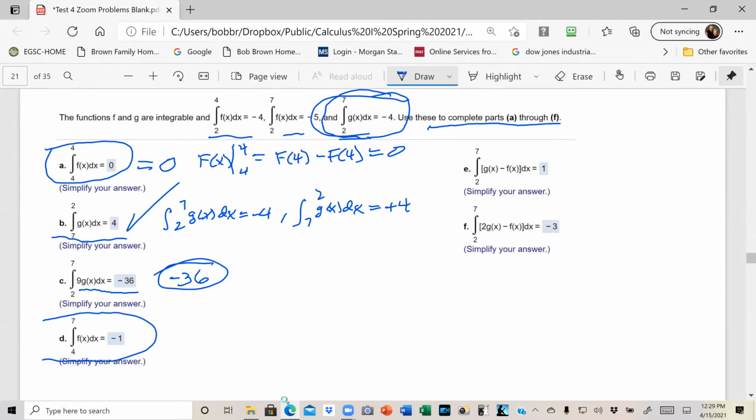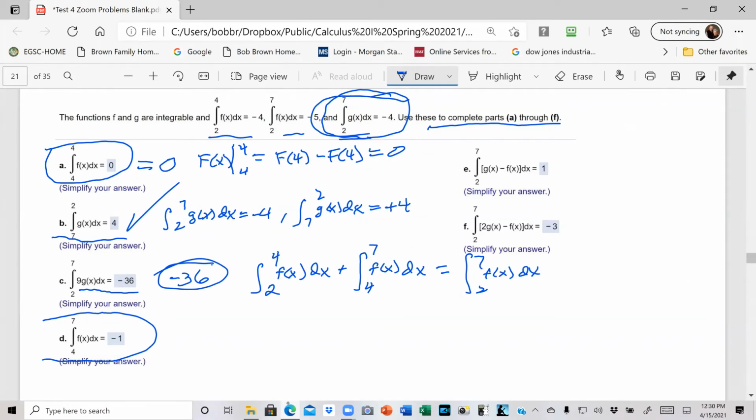To do that, we have to note that the integral from 2 to 4 of f of x dx plus the integral from 4 to 7 of f of x dx is equal to the integral from 2 to 7 of f of x dx.